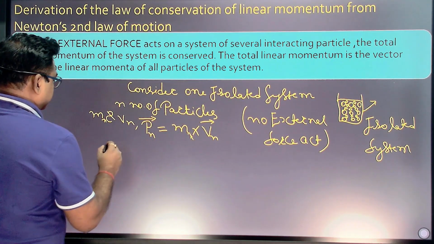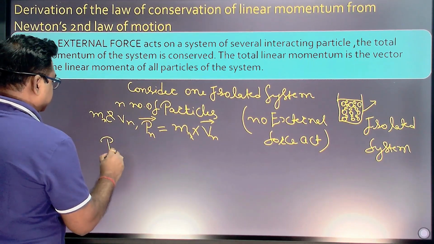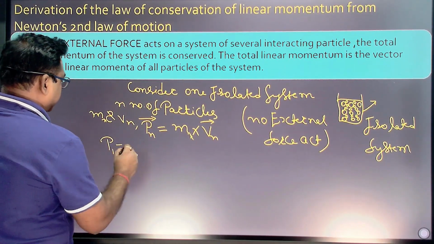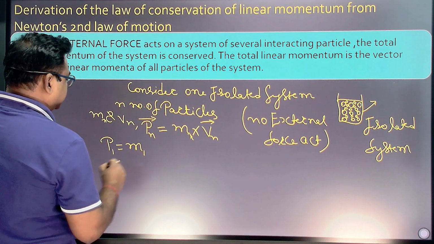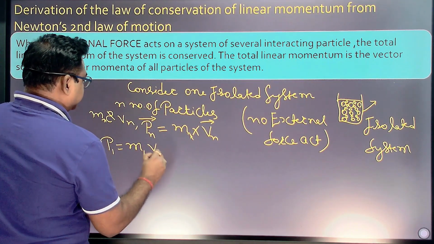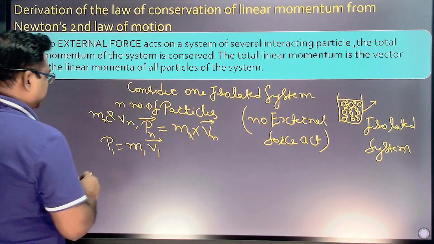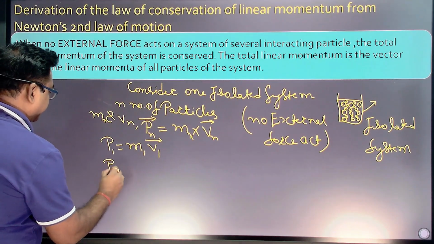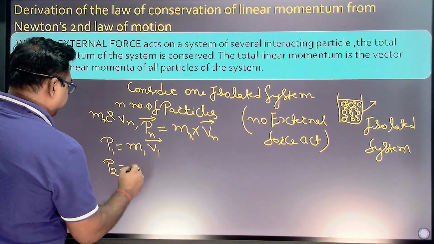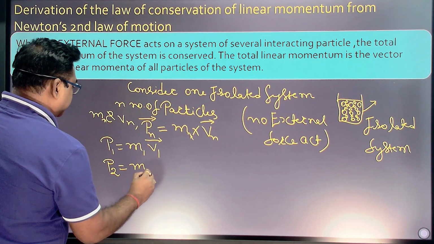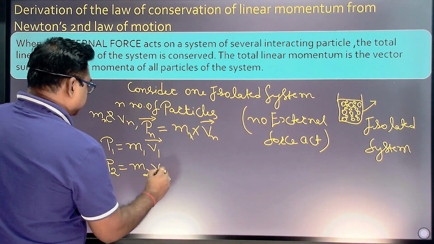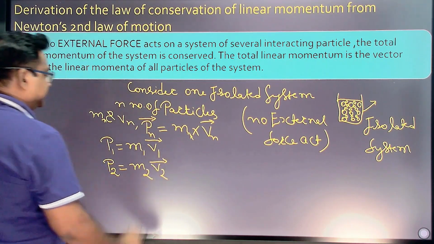Suppose the first particle has momentum p1, mass m1 and velocity v1. Again, the second particle has linear momentum p2, mass m2 and velocity v2.